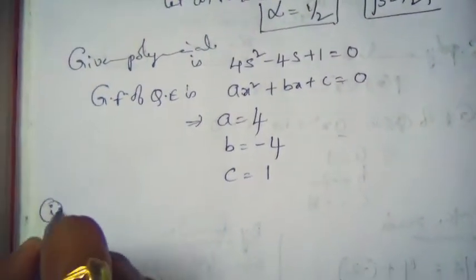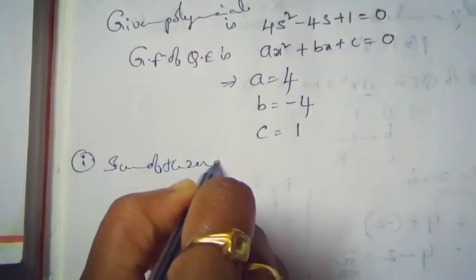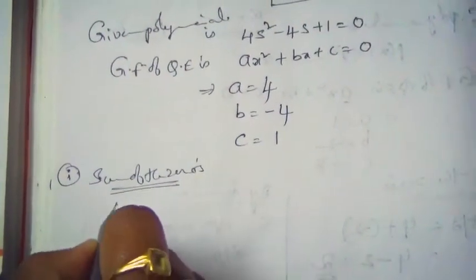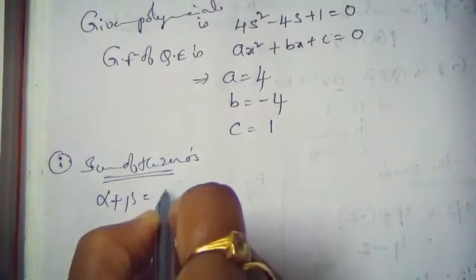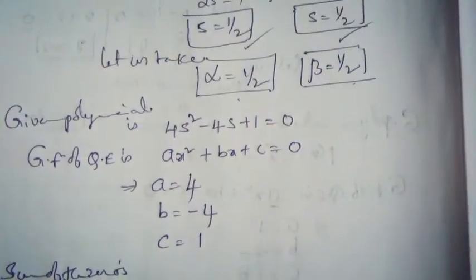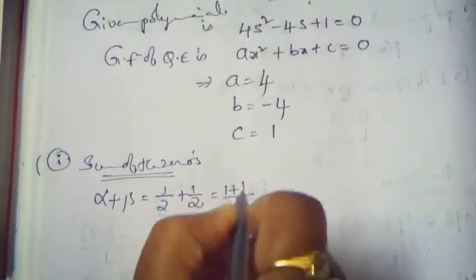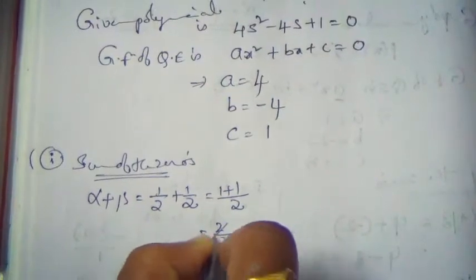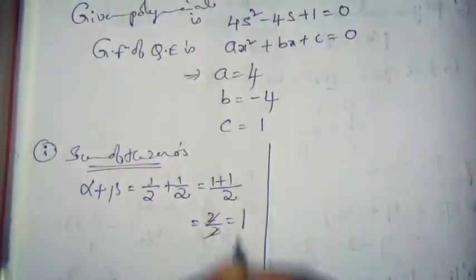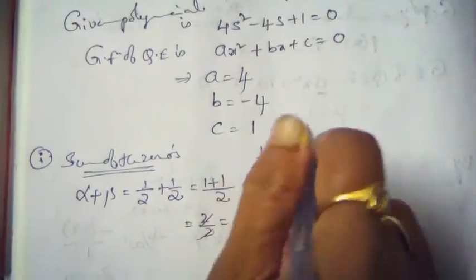So the first one, the sum of the zeros. What is the formula? Alpha plus beta is equal to, so what is alpha, what is beta? 1 by 2 plus 1 by 2. So 1 plus 1, LCM 2, 2 by 2, you will get 1, right? Now verification by formula.